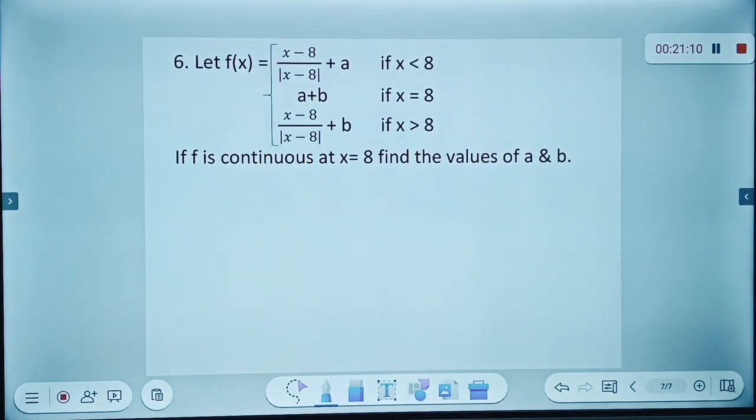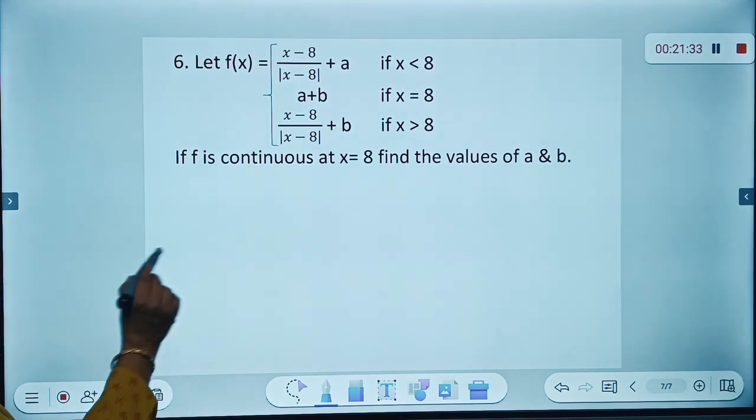Now, let us look at this problem. The function is defined around 8. x minus 8 by modulus of x minus 8 plus a if x is less than 8; a plus b if x is equal to 8; x minus 8 by modulus of x minus 8 plus b if x is greater than 8.